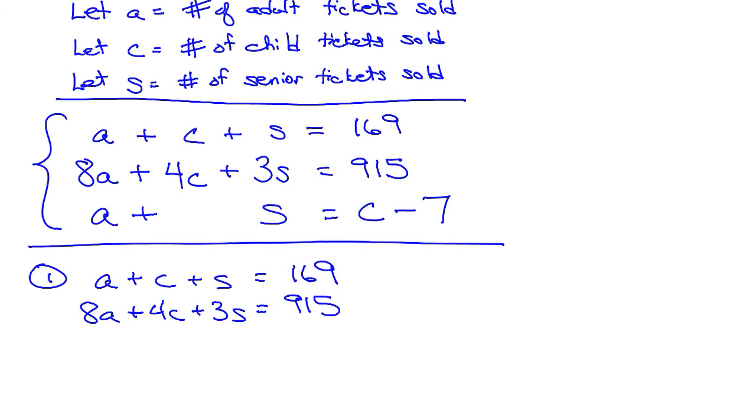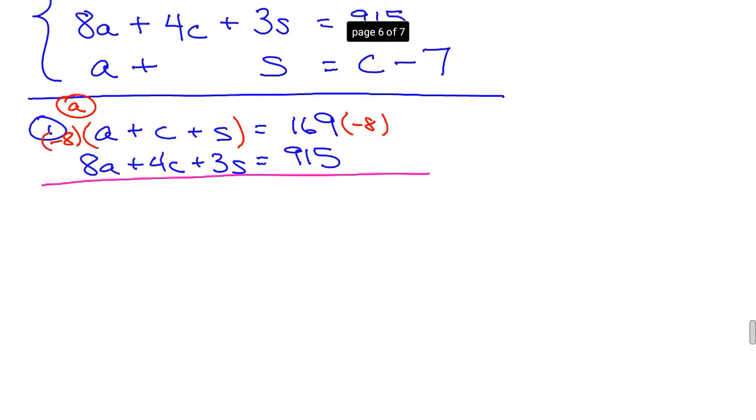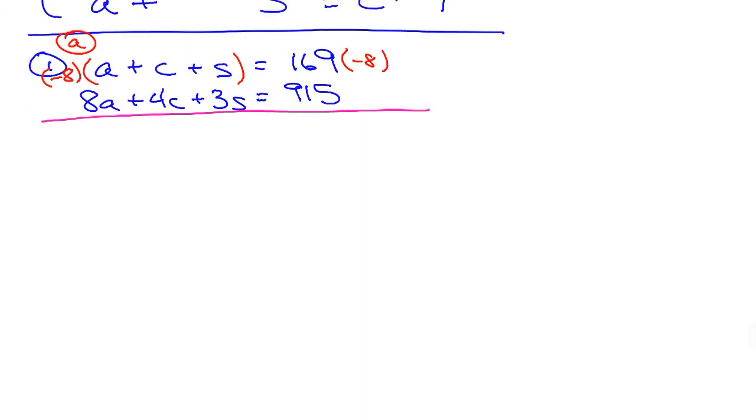I'm going to multiply the top equation by -8 so that I can eliminate A. And that gives me -8A minus 8C minus 8S is equal to -1,352.